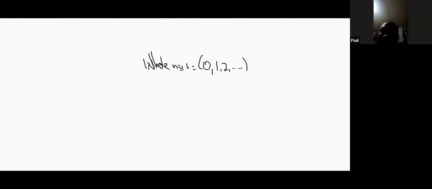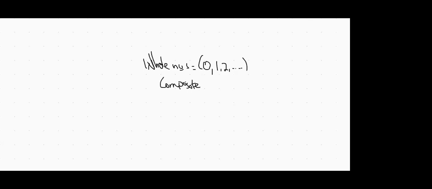Composite numbers are numbers which have more than 2 factors. So this is more or less like the direct opposite of prime numbers.